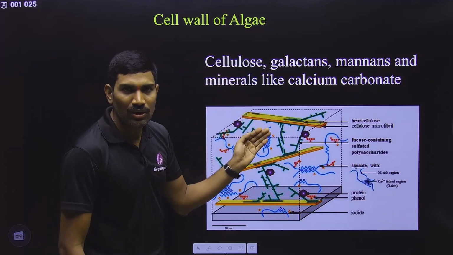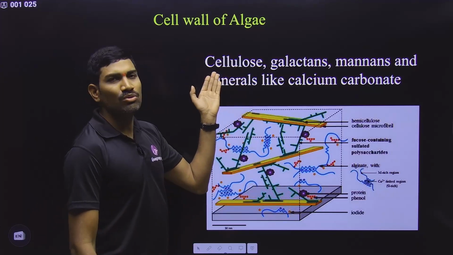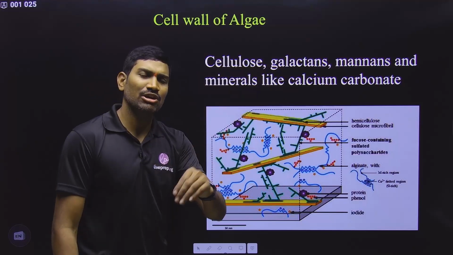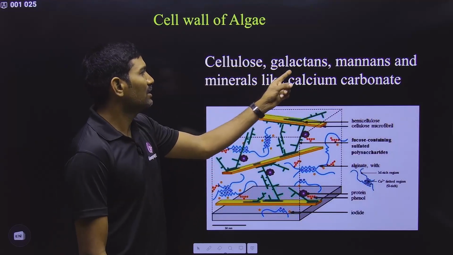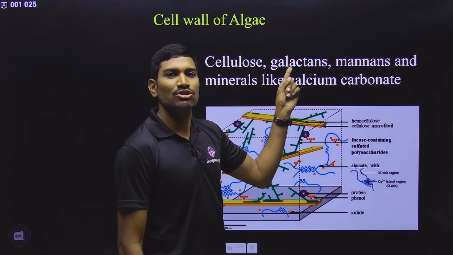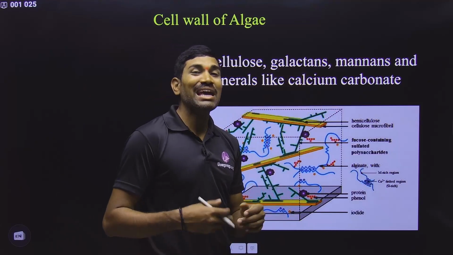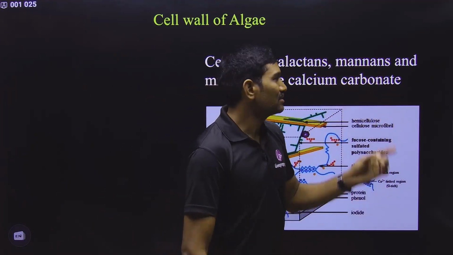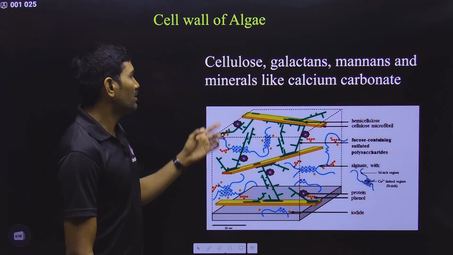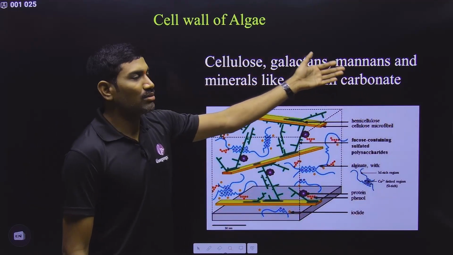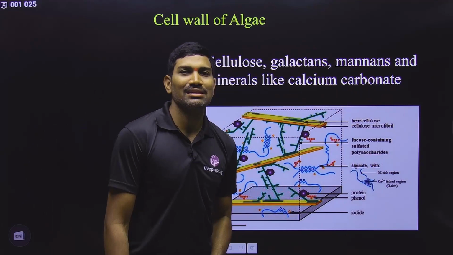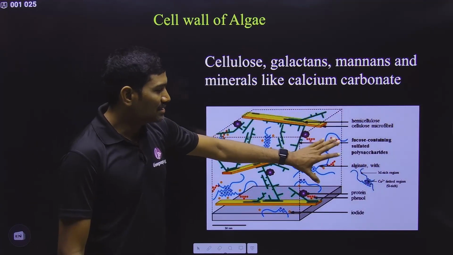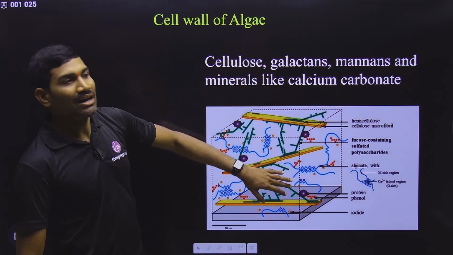Cellulose is a homopolysaccharide of glucose. So glucose is repeated several number of times. Anyhow, more details we will study in biomolecules. And along with this, galactans are also polymers, mainly having galactose. Mannans are also polysaccharides, mainly having the mannose sugar. And then along with these carbohydrates, it is also having some minerals like calcium carbonate in the cell wall. So this is what about the algal cell wall.